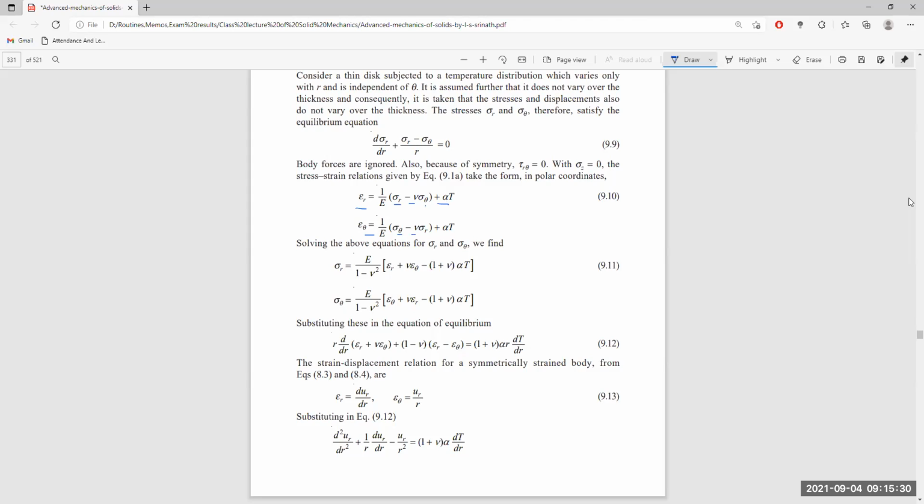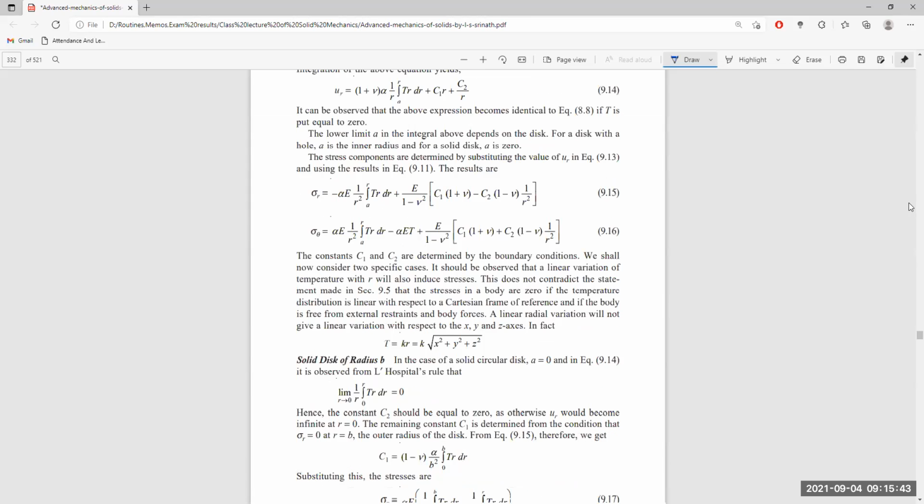So this is similar to equation 10, the only difference being the values E1, nu1 and alpha 1. So we are replacing these and we get a relation of the same appearance.